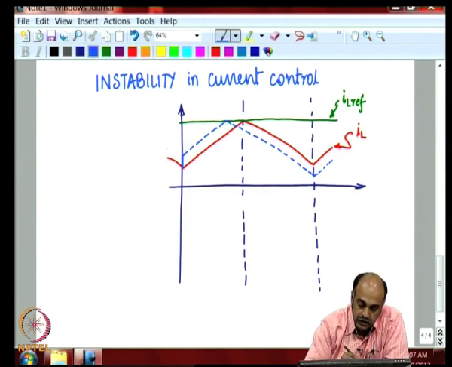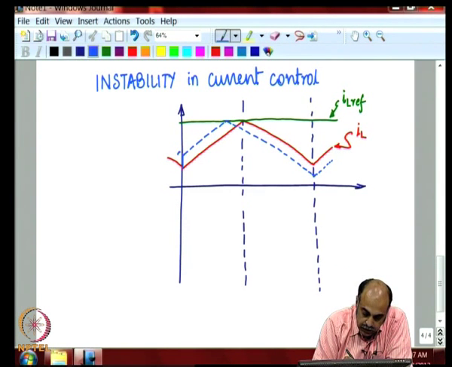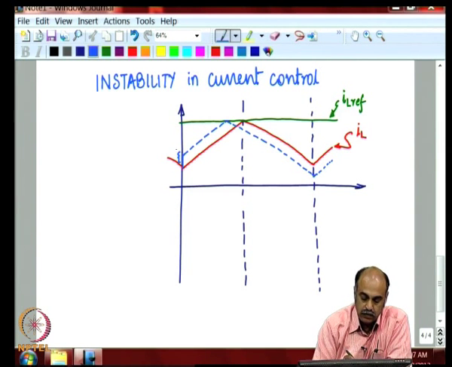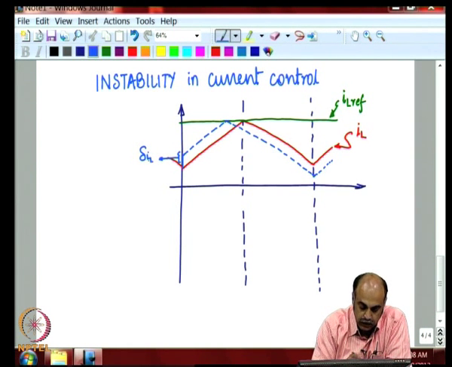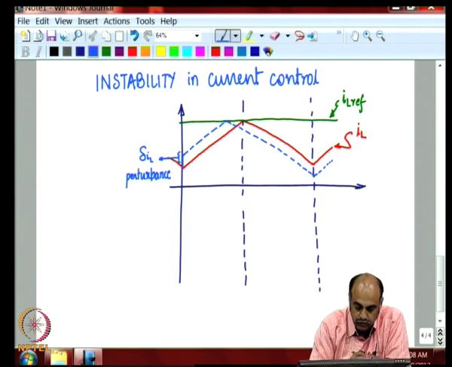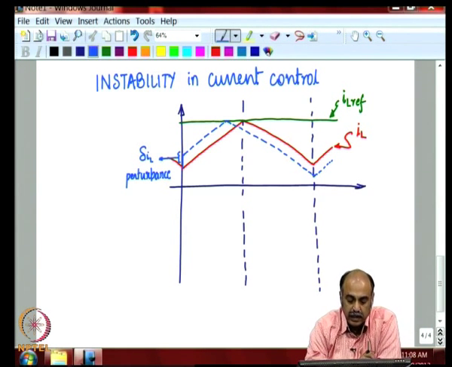So, if there is a perturbance, I will call this perturbance delta IL. Now, this is a perturbance which is very likely in a practical circuit. These perturbances could come due to so many reasons.